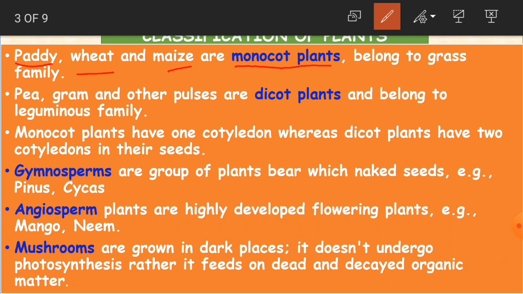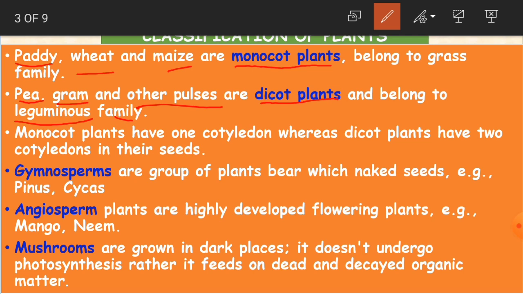Now the second one here is pea, gram and other pulses. Okay, they are dicot plants. What do we call them? They are dicot plants, and they belong to the leguminous family. Okay, what is the leguminous family?